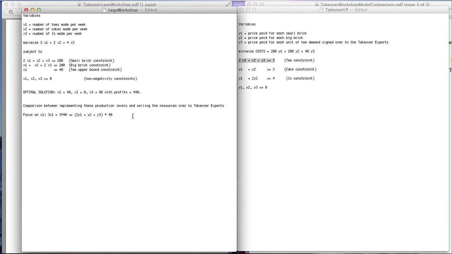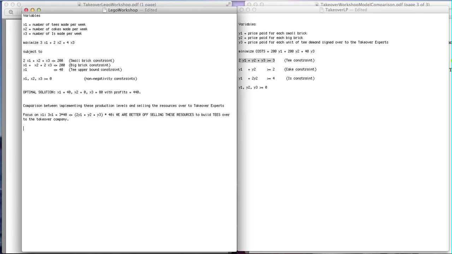So what this means is that we are better off selling the resources to build T's over to the takeover company.